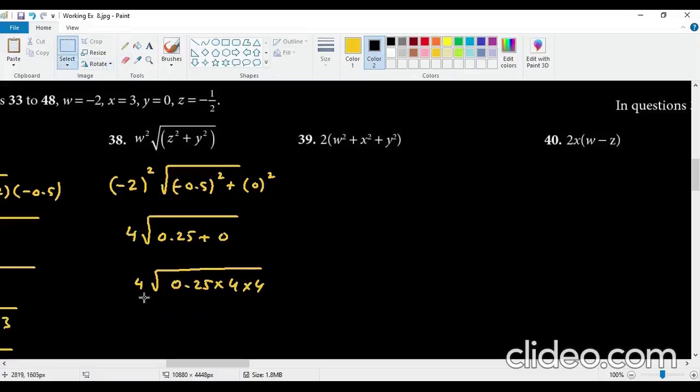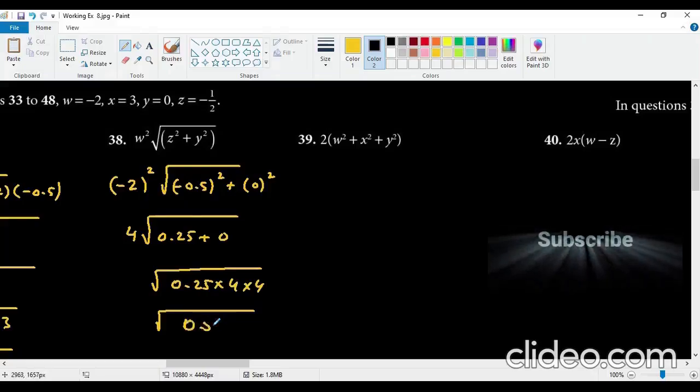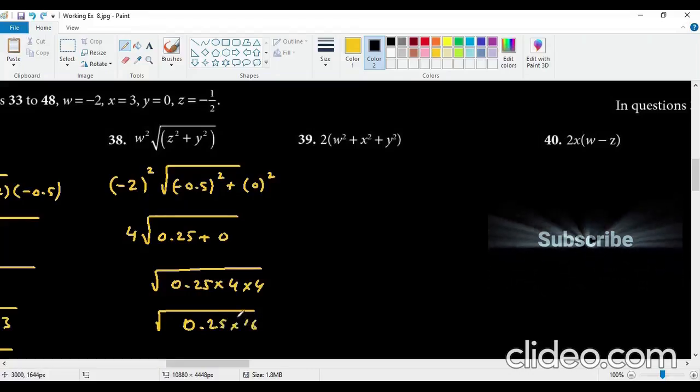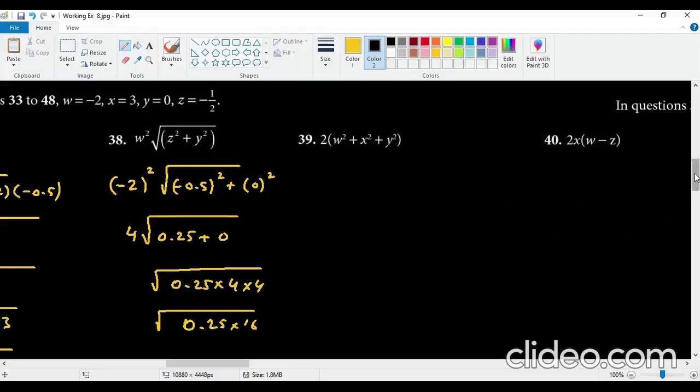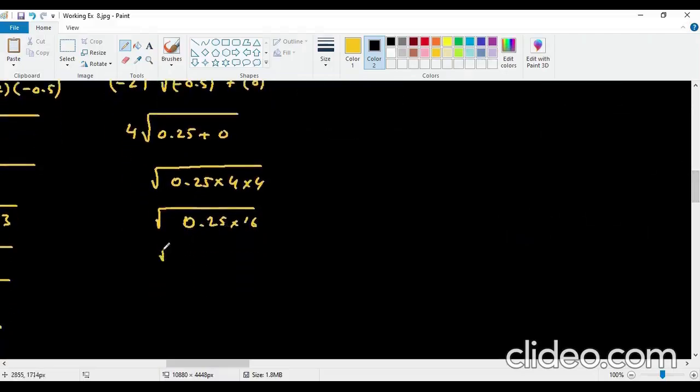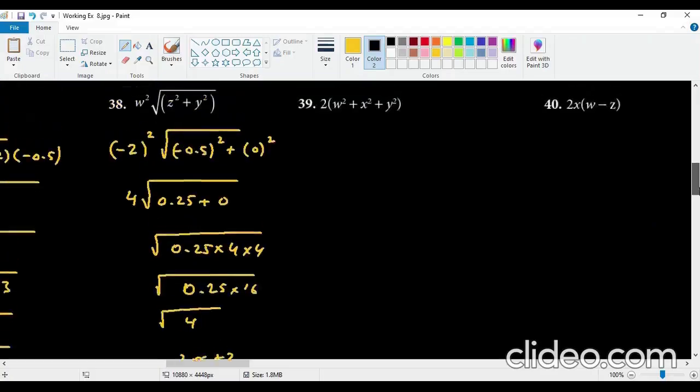I should erase this because this 4 has gone inside, and this is going to be 16. 0.25 times 16 is going to give you a 4, which is negative 2 or positive 2, the right answer for this question.